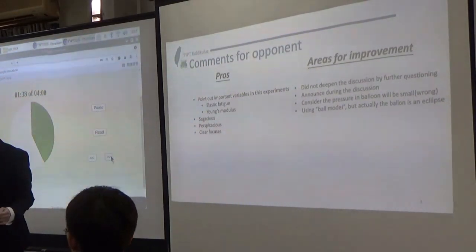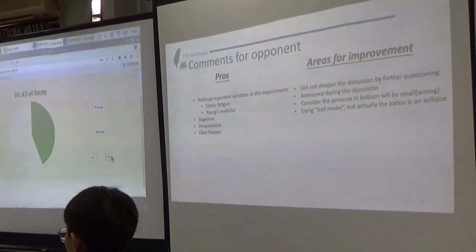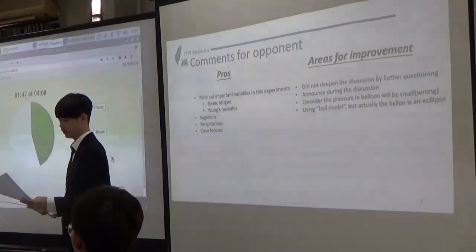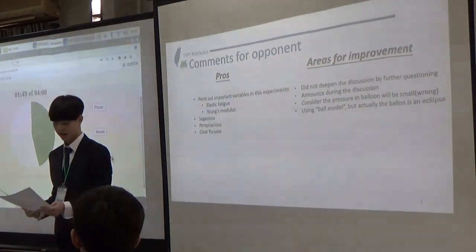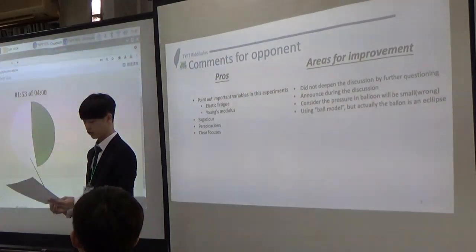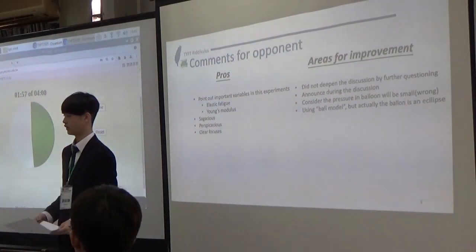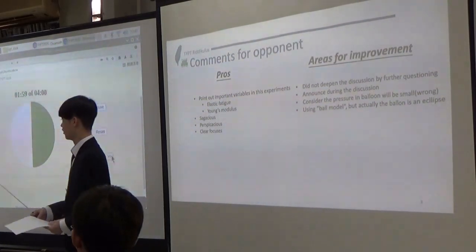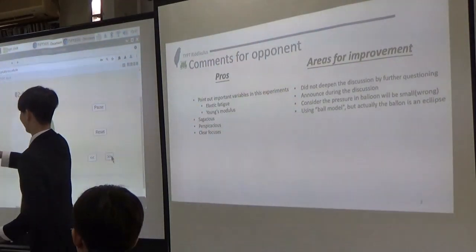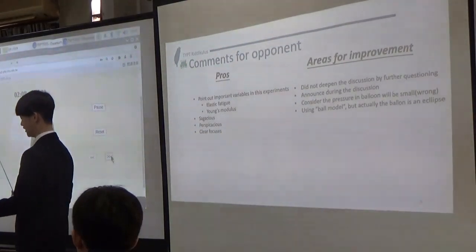Then I will conclude their discussion. In the discussion, they explained how the Young's modulus can be applied, and the opponents sought to ensure that the balloon is the same from the beginning to the end of the experiments. They drew the graph of the force on the balloon to make the phenomenon easier to understand.